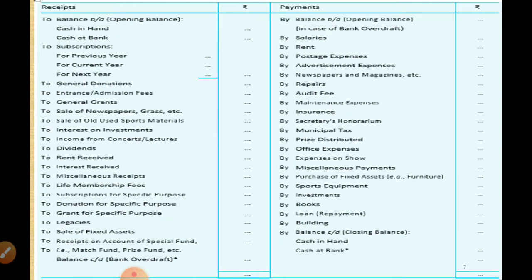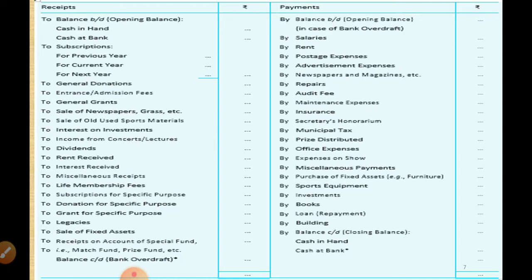Revenue receipt or revenue expenditure is something which is recurring, which happens many times in a year, like salary, payment of rent, interest received, rent received, subscription received, and all. Now, capital expenditure and capital receipts are something which happens rarely, maybe once in a year. Like sale of land. Sale of land is a capital receipt. Purchase of land is a capital expenditure.